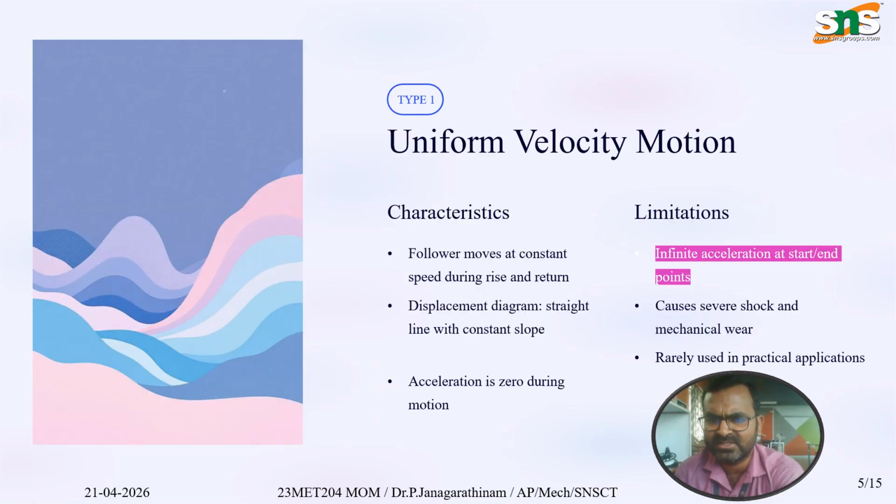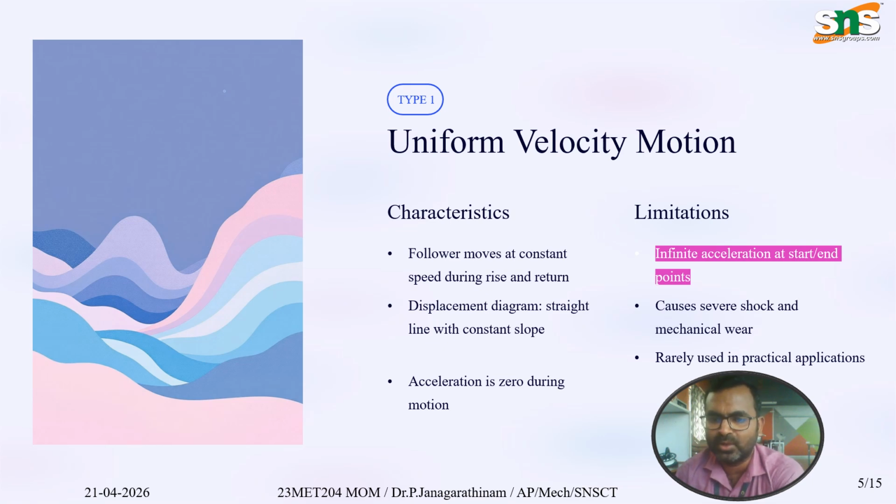Uniform velocity motion: the follower moves at a constant speed during the rise and return. The rise means the follower is moving in the upward direction, and return means it comes back to the return position, followed by the dwell, the idle position. The displacement diagram is a straight line with constant slope.